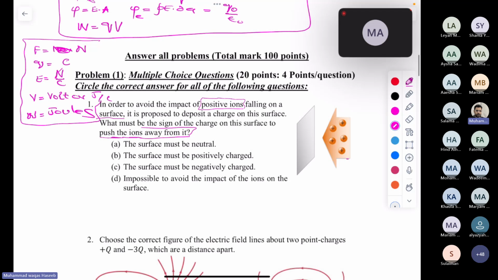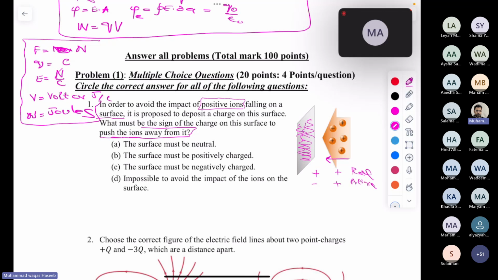So if the positive charge is coming, which option is this? If we spread a charge on this sheet, it will avoid or stop the charges from coming. So I told you, like charges repel, and negative and positive attract.